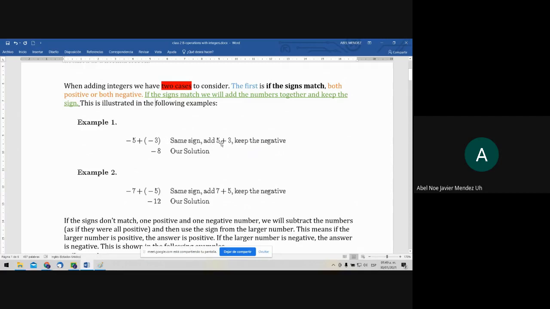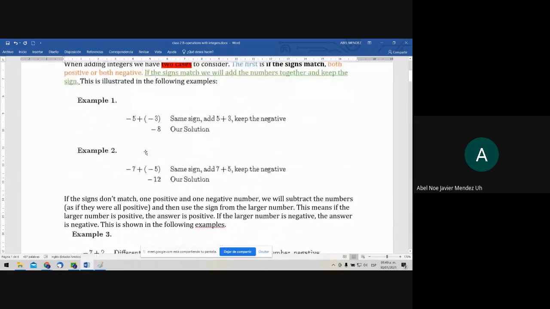What are we going to do? Add both numbers and keep the sign. In this case, the sign is negative. Our solution is negative 8. Same sign, add the numbers, keep the sign.